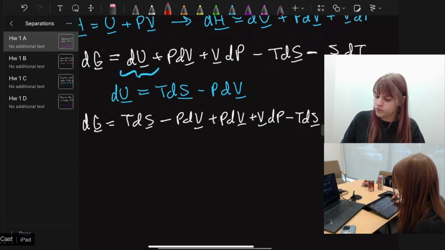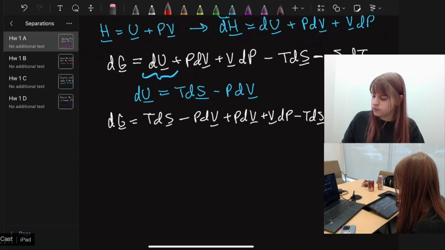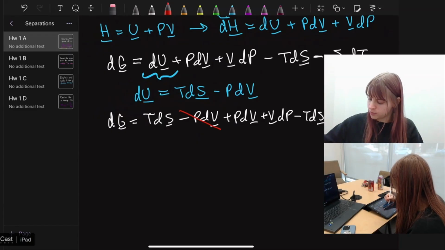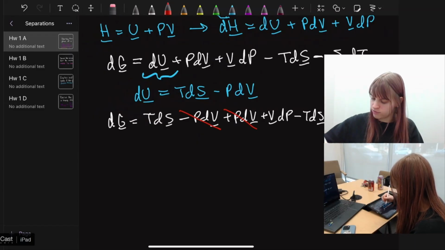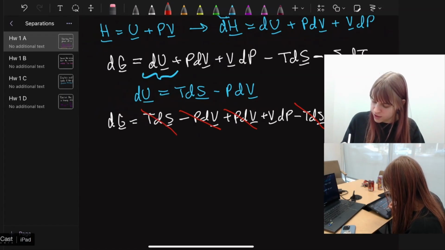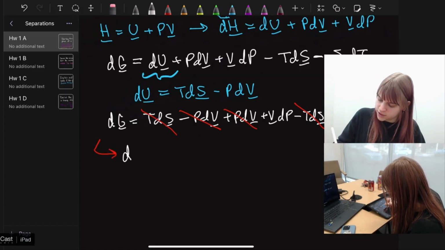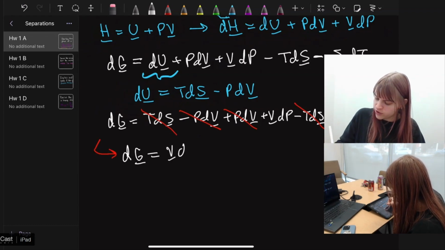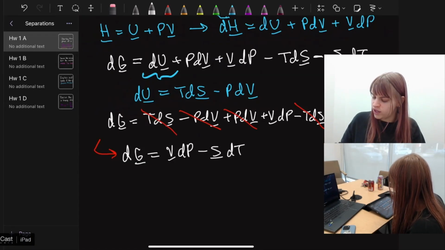As you can see, there are already a few terms that we can cancel out, which is kind of the goal here. So we have this negative P dV and a positive P dV, and that cancels out. And yeah, we have T dS and negative T dS. So after that, we get a simplified equation: the change in Gibbs free energy is equal to the volume times the change in pressure minus the entropy times the change in temperature.